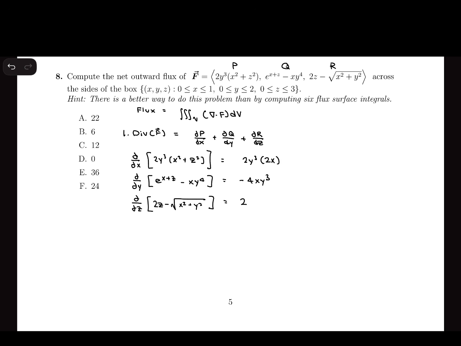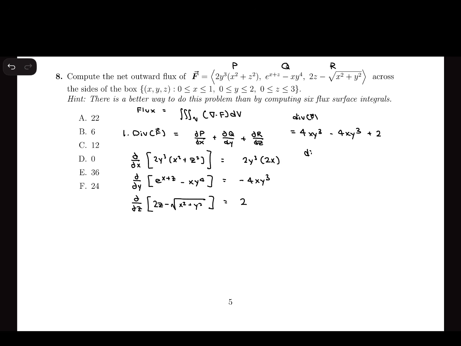So now in order to find the divergence of F, man, I can't talk today, we just sum all these together. So sum up 2y cubed times 2x, which is 4xy cubed, plus negative 4xy cubed, plus 2.